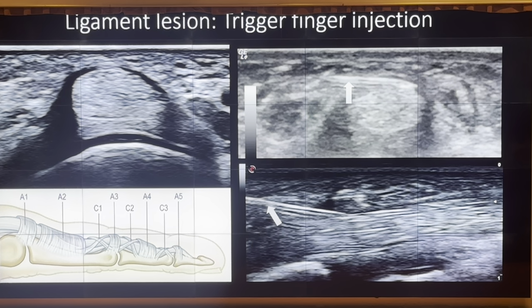And then we go to a simpler region, the ligament. The most common is the so-called trigger finger, because the pulley is the annular ligament. This is the A1 pulley, and I like to perform the injection through the lateral or medial side with the in-plane approach, and lay the needle tip just between the flexor tendon and the retinaculum.